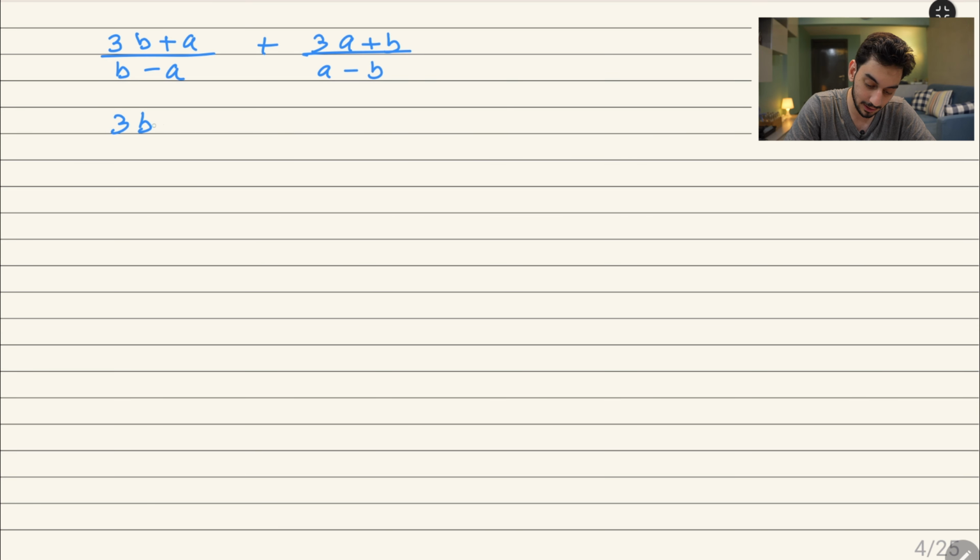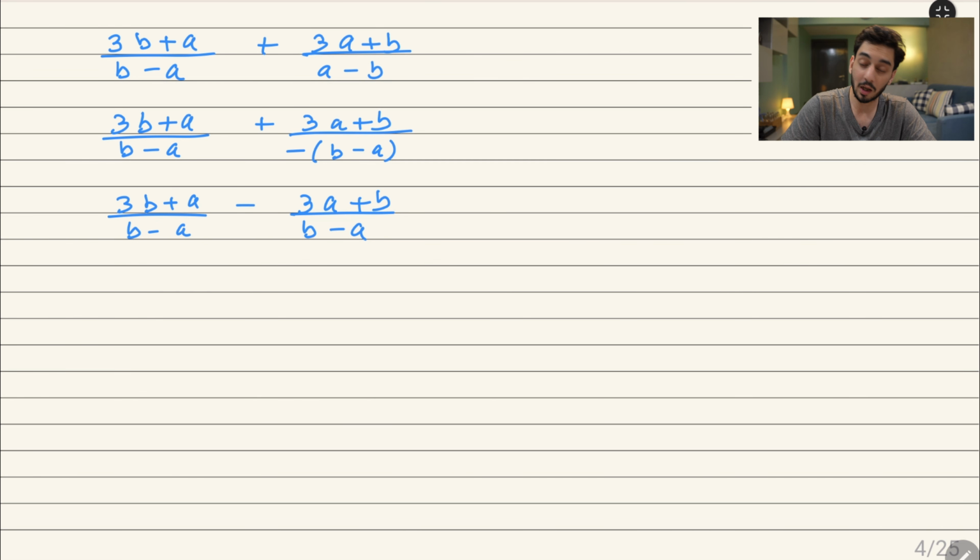So this is 3b plus a upon b minus a plus 3a plus b upon, if I factor out a negative sign, it becomes b minus a, and this can be written as 3b plus a upon b minus a. These two would combine and become a negative, and then 3a plus b upon b minus a. Now both the denominators are same and I can combine the numerators.